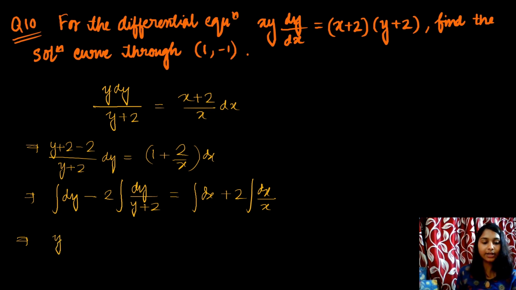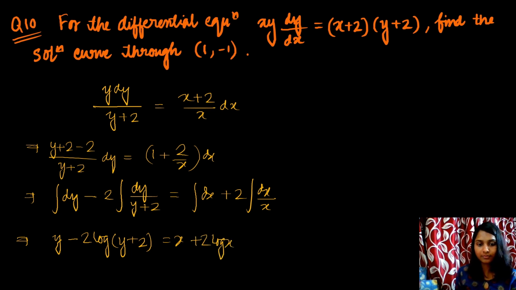There is y, there is minus 2 log mod y plus 2, there is x, there is 2 log x plus c. So we need to find out the value of c by using x equals 1, y equals minus 1.